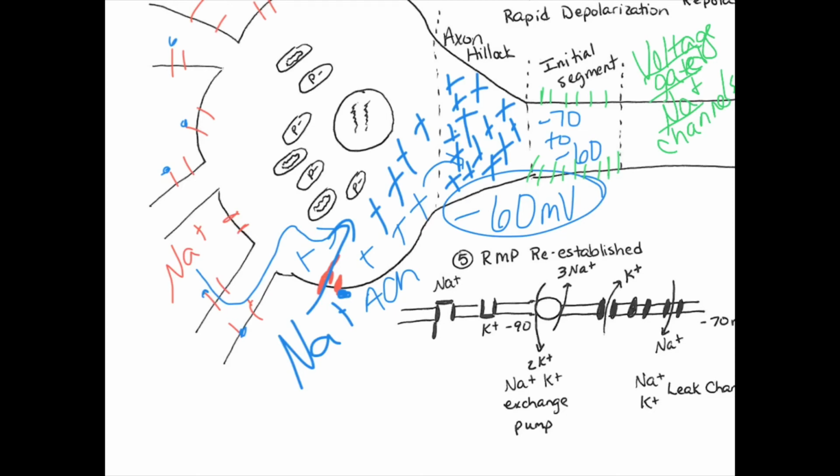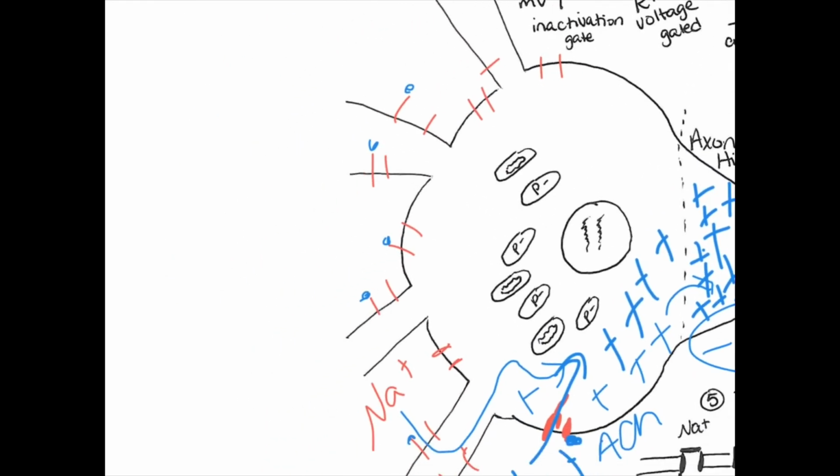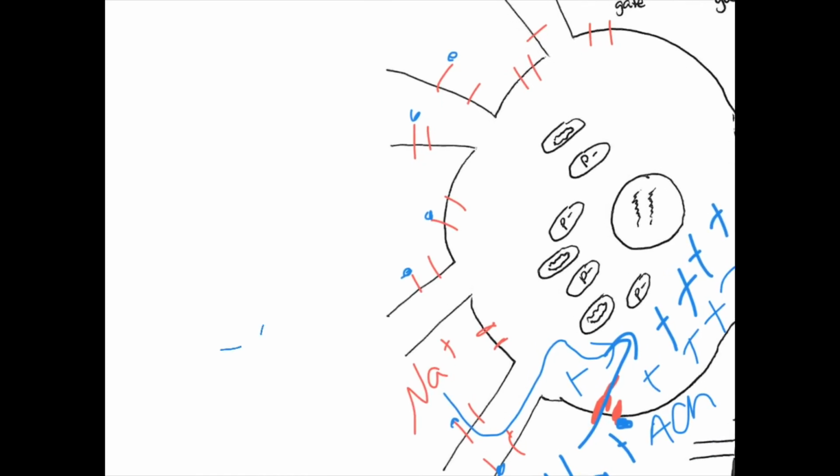Now there's a massive amount of those channels on the axon. So not only does sodium come into the cell, sodium is going to flood the cell. I mean, flood it. Sodium comes into that cell. We were at -60, and sodium's coming in.